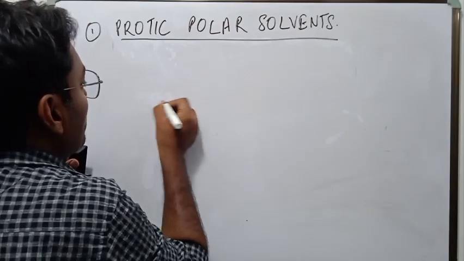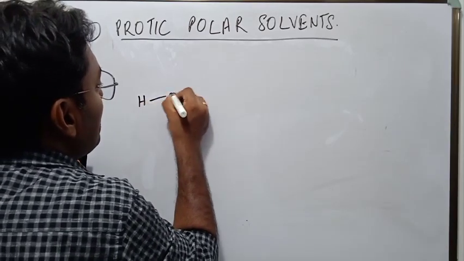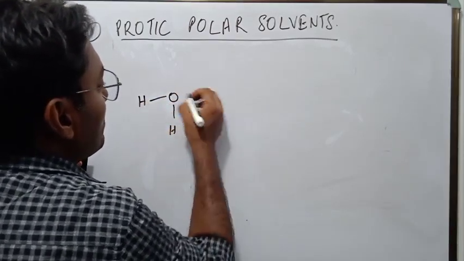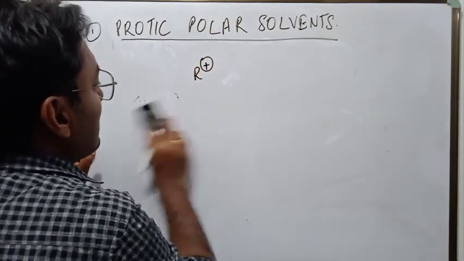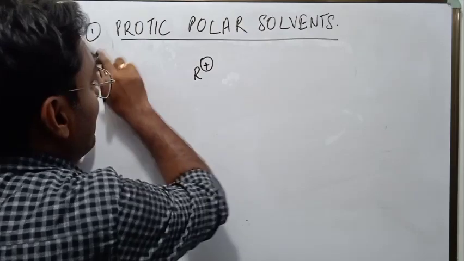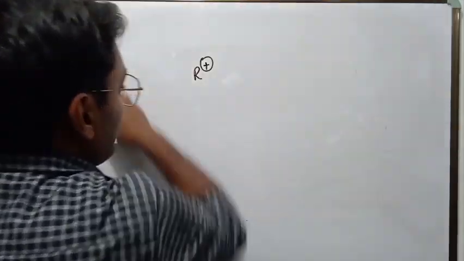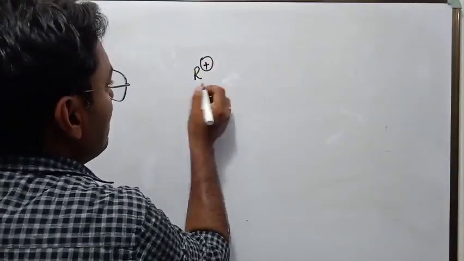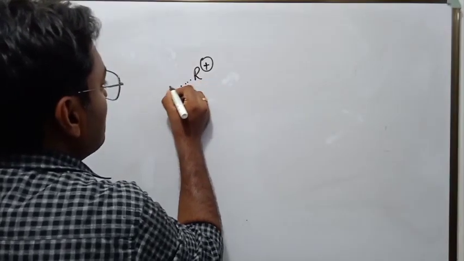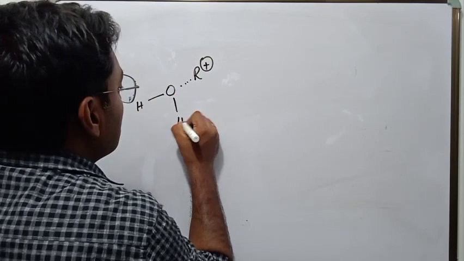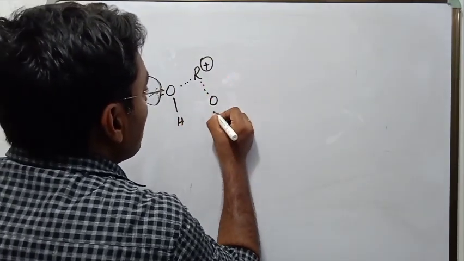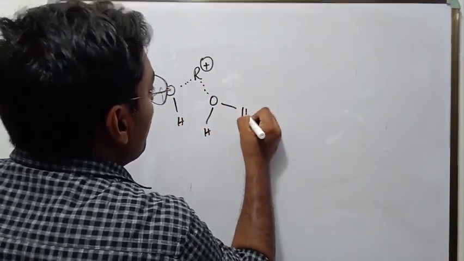Okay, so I am going to draw water now and explain the solvation. This is the positive part of the substrate, that is the alkyl halide, right? Let me rub this. Okay. This is the protic polar solvent, and look at how it is making interactions with the molecules of water.